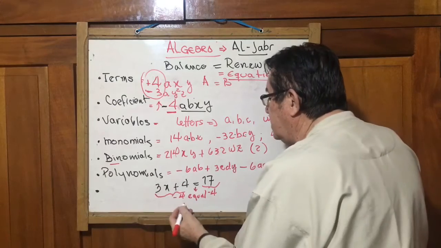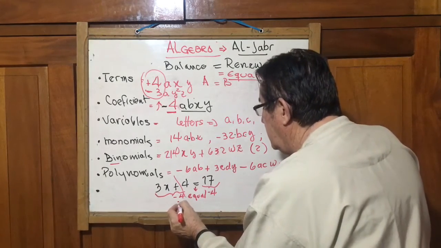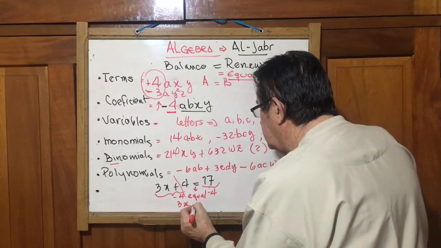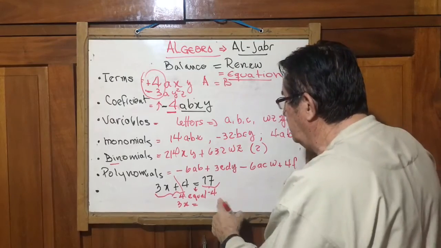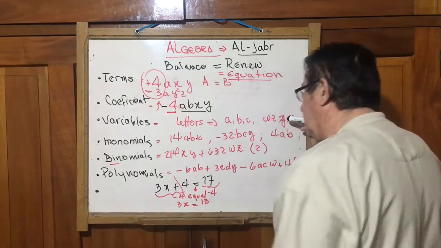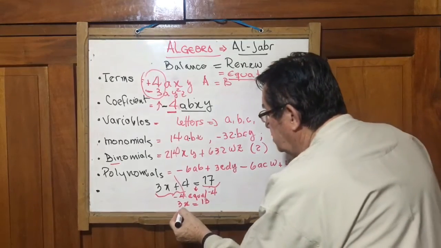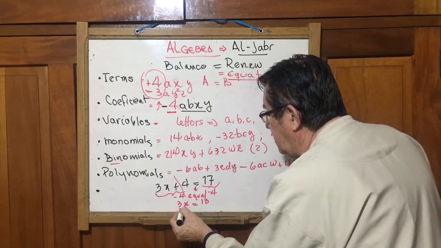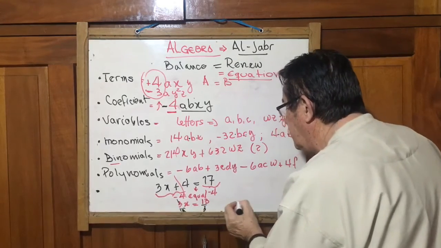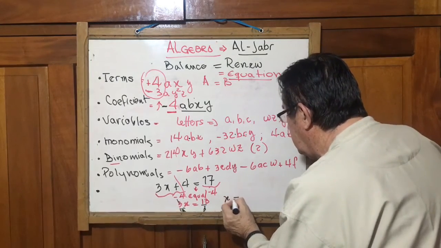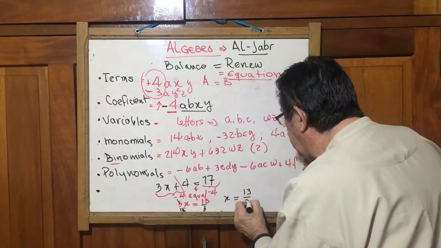What I do on one side, I have to do on the other side. So I have 3x equals 17 minus 4, which is going to be 13. Okay, so I can still use the property of the inverse by dividing on both sides, and I will have that x completely balanced is going to be 13 divided by 3.